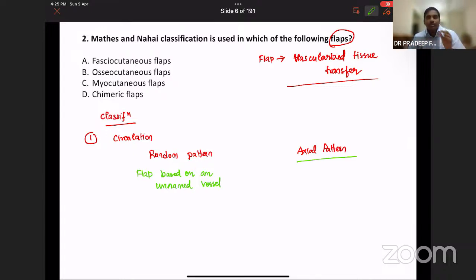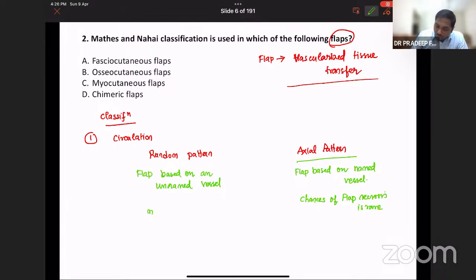When we know that this vessel is going to supply this area of skin and that vessel has a name, that is called an axial pattern flap. So when we know the anatomical territory that the vessel is going to supply, the chances of flap necrosis are rare.